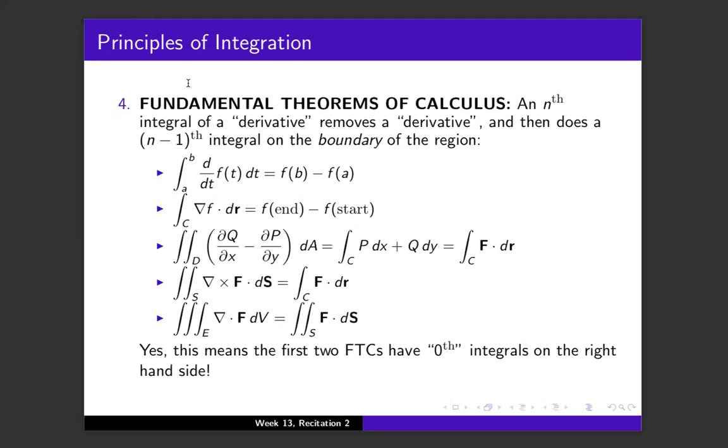Either that means the boundary of the surface or the surface of a solid. By that logic, the first two fundamental theorems are the FTC from all the way back in Calc 1, and the fundamental theorem for line integrals.